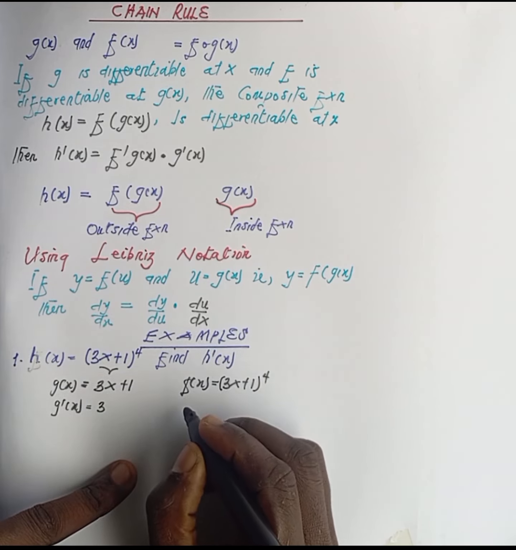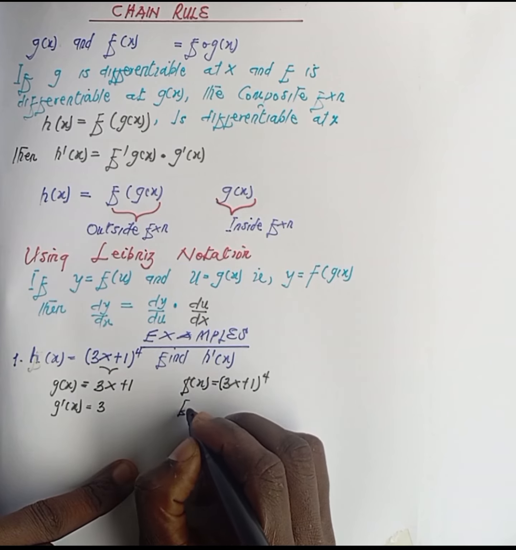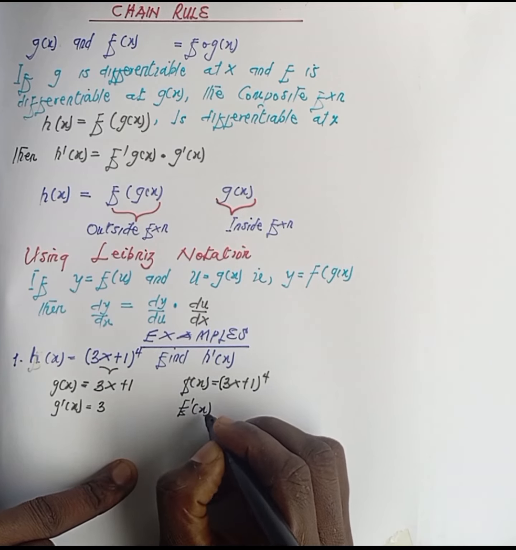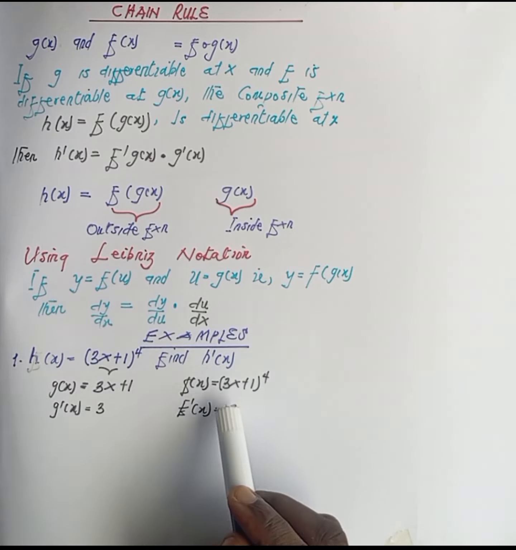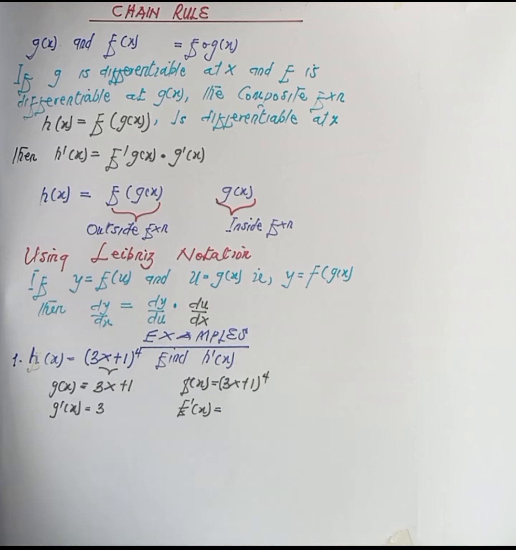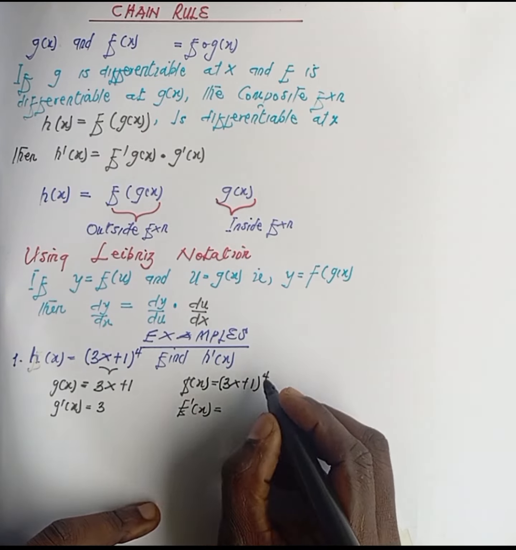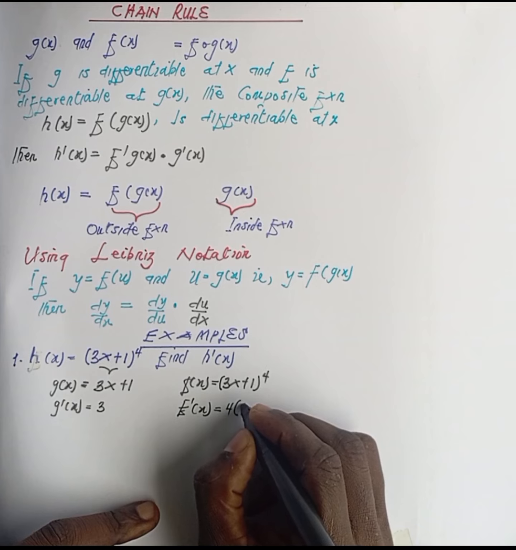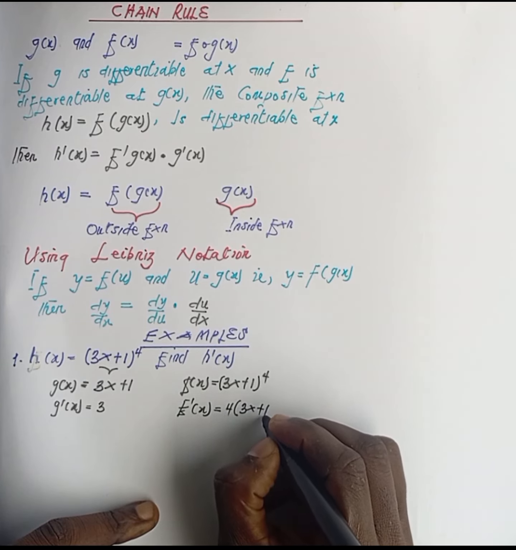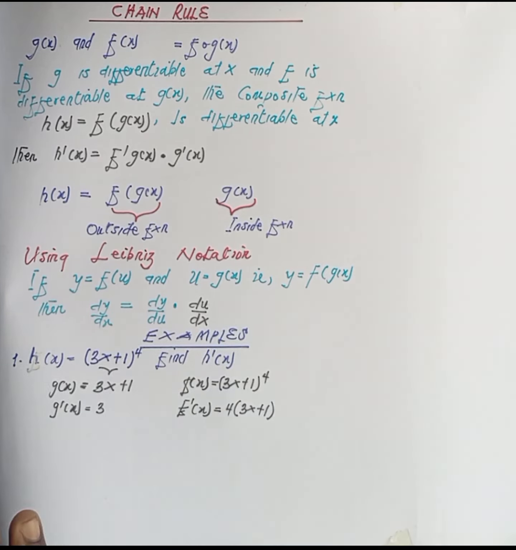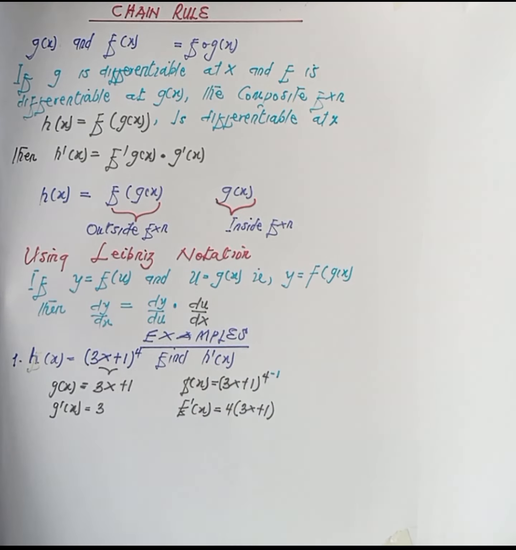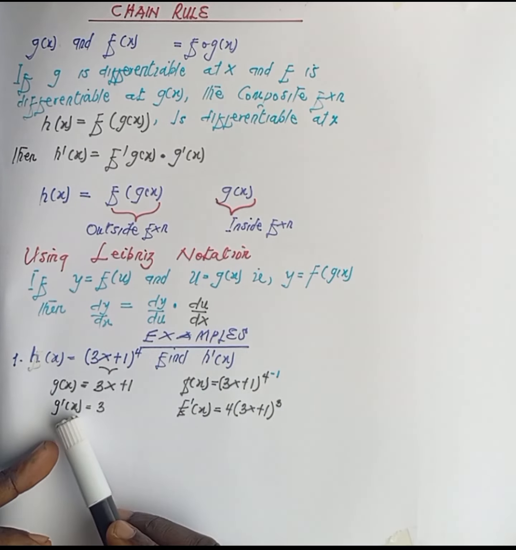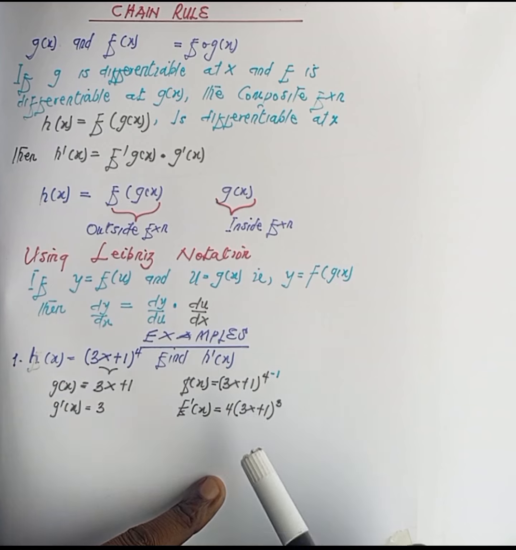Then we move on to the derivative of the outside function, f prime of x. We just repeat what is inside the bracket and subtract 1 from the exponent, and we get 3. So this is the derivative of the inside function and the derivative of the outside function.